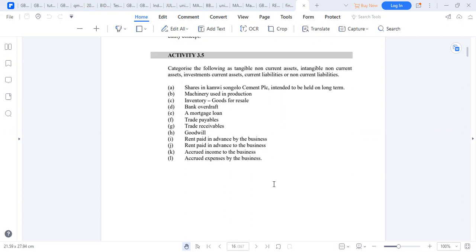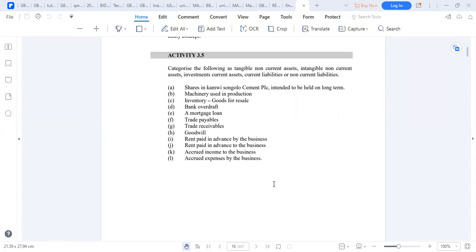Exactly. So the non-current assets are actually fixed assets. All right. So we have tangible and intangible non-current assets. The tangible ones, we can touch them. Non-tangible or intangible are things that we cannot touch, but they're part of the company's asset, like a good name.